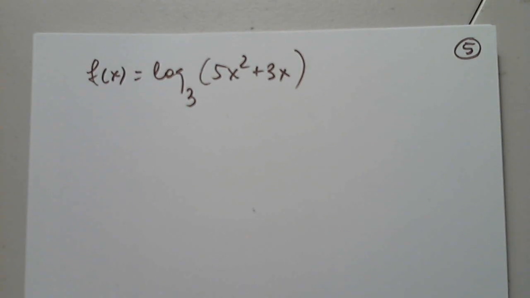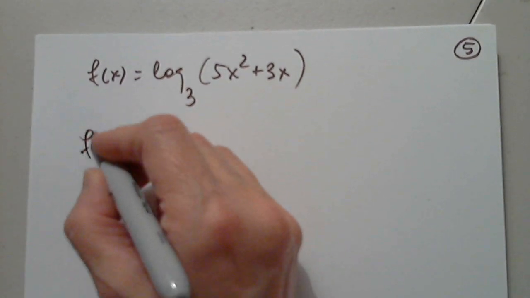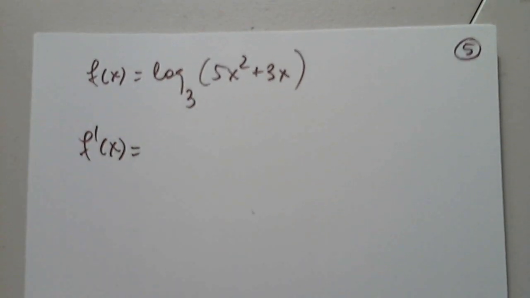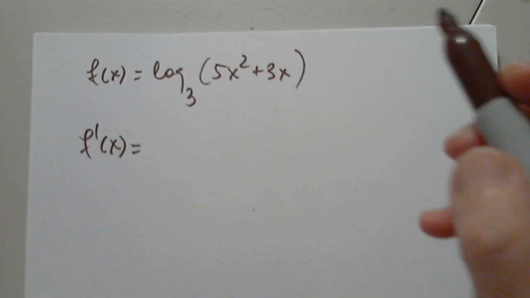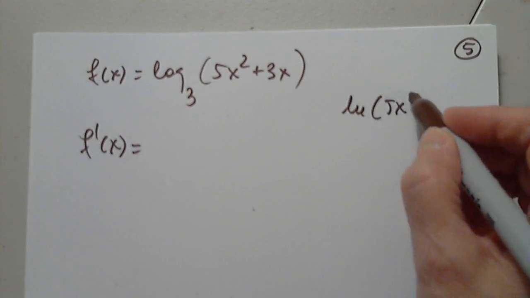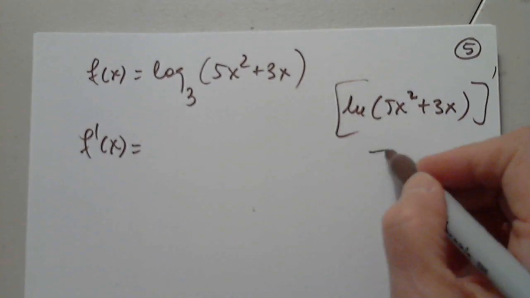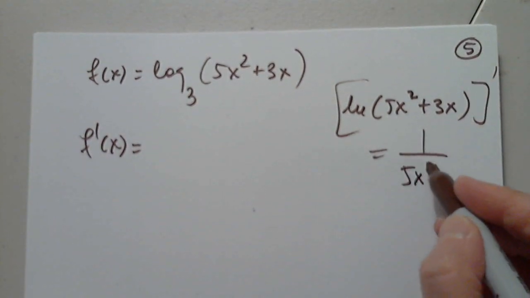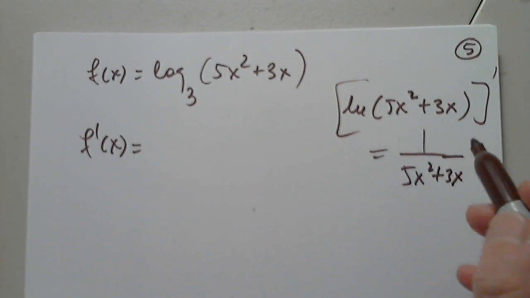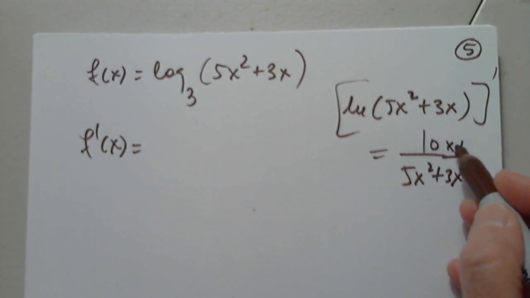How do we differentiate this? So when it's natural log of 5x squared plus 3x prime, we have 1 over 5x squared plus 3x times the inner function prime, which is 10x plus 3.